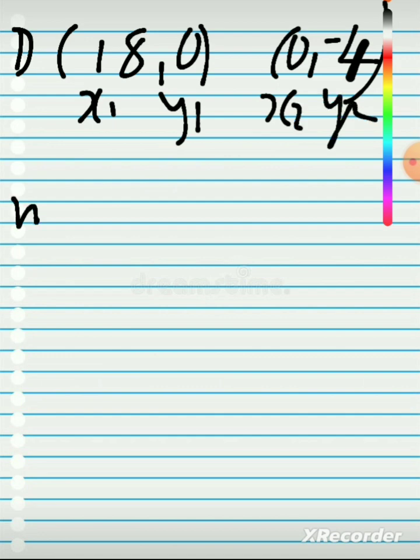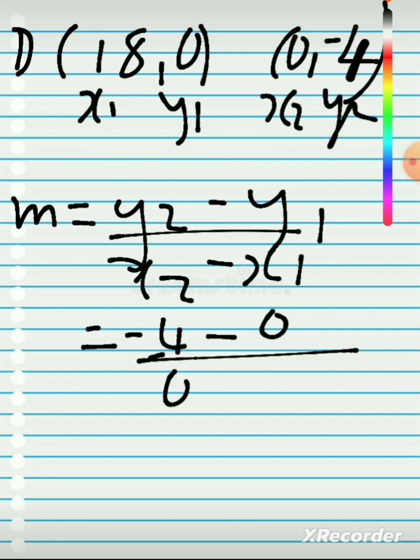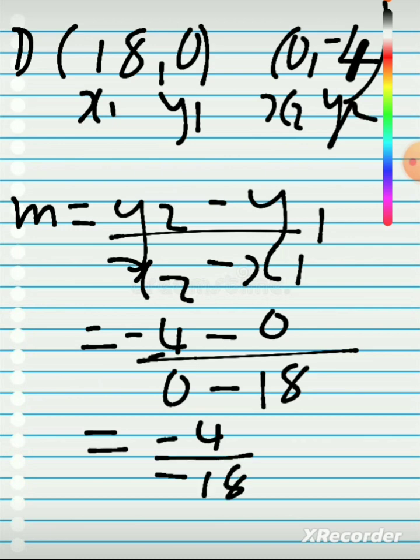So our m is y2 minus y1 over x2 minus x1. What's y2? y2 is negative 4 minus y1, which is 0, over x2, which is 0, minus x1, which is 18. So it's going to be negative 4 minus 0 is negative 4, and 0 minus 18 is negative 18. We can reduce. The negatives will cancel. 2 into 4, it's 2. 2 into 18, it's 9. So our m is 2 over 9.